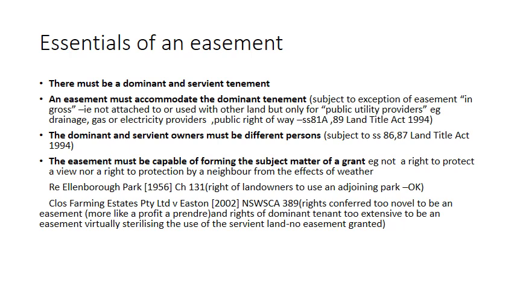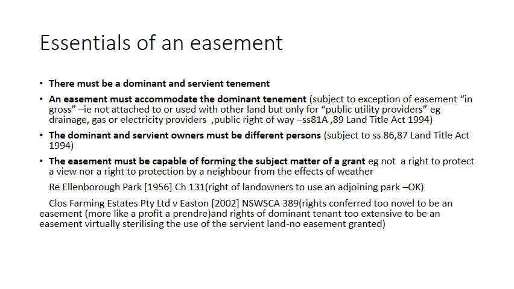and the dominant tenant would get the benefit of that particular right. If there's no dominant and servient tenement, then you really have no easement. And I make the exception only of the easement in gross, which I'll talk about in a minute.